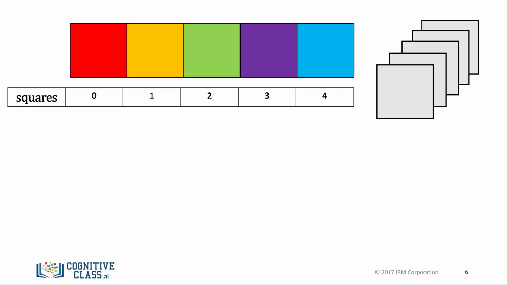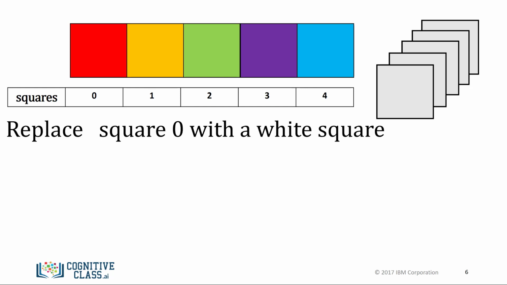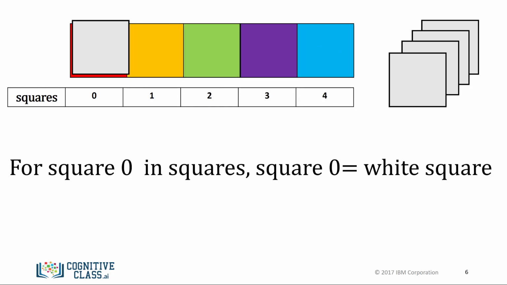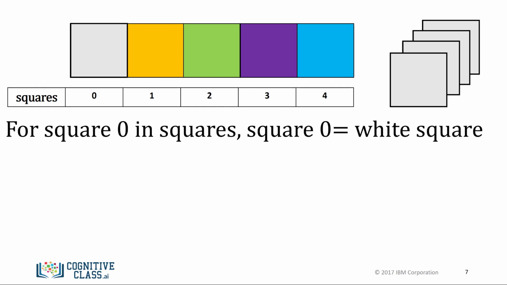Let's give each square a number to make things a little easier, and refer to the group of squares as squares. If we wanted to tell someone to replace square 0 with a white square, we would say: replace square 0 with a white square. Or we can say, for square 0 in squares, square 0 equals white square.